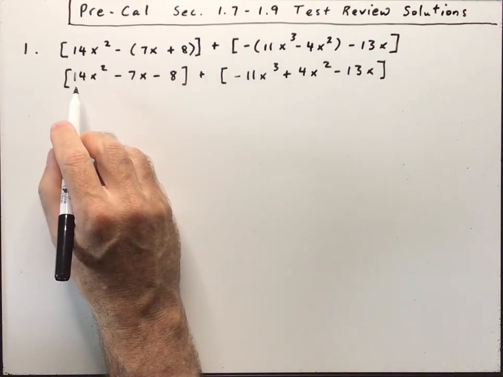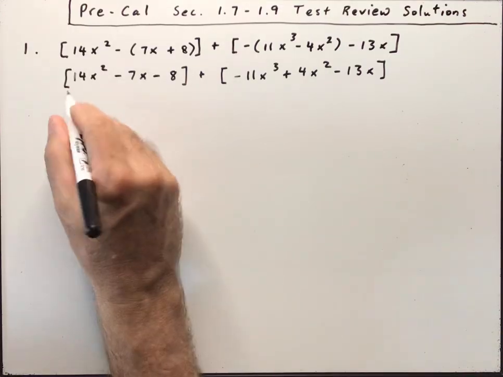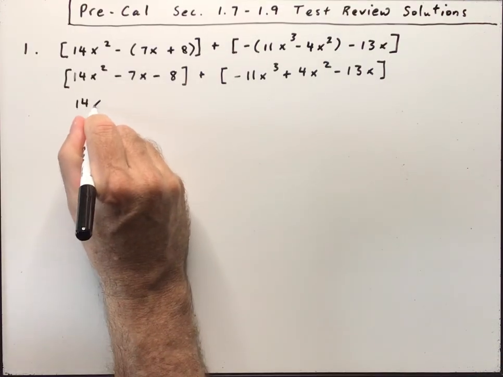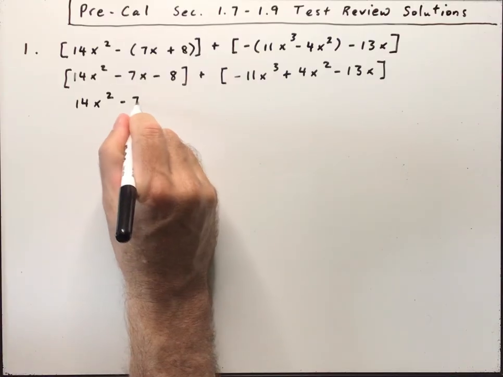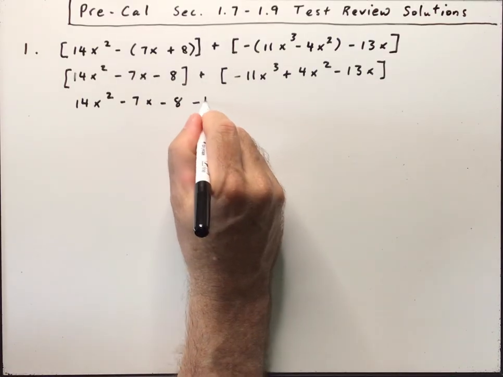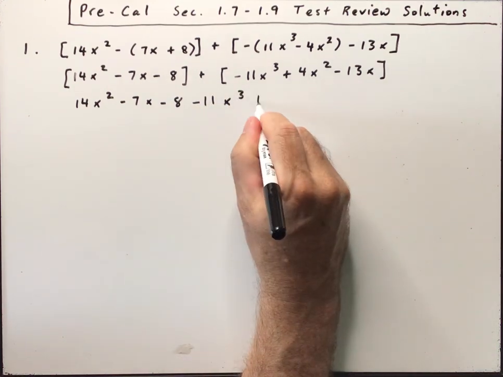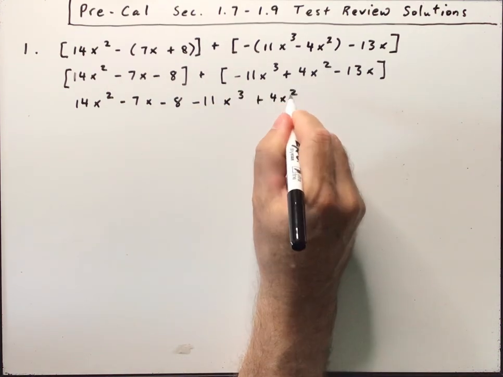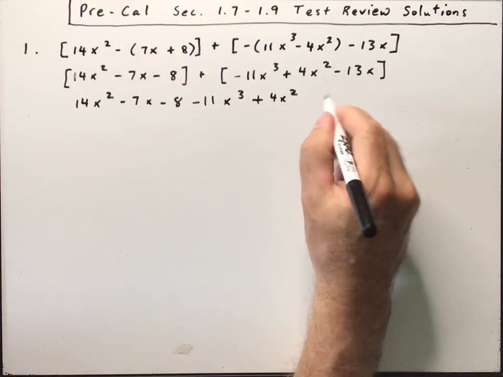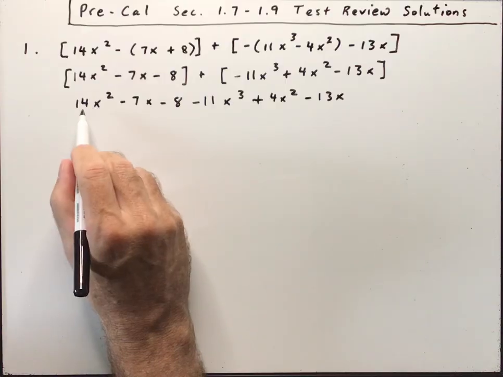Okay, so we could really go ahead now, since that's a plus. I'll write it out, but you wouldn't probably have to do this step. Minus 7x minus 8 plus negative would just be minus 11x cubed, and then plus would be plus 4x squared, and then plus minus is minus 13x. And let's combine like terms.